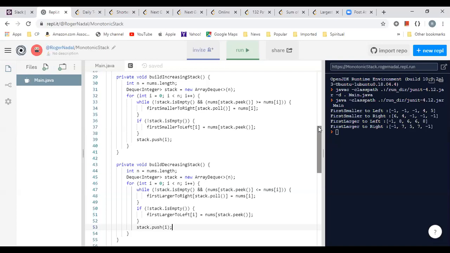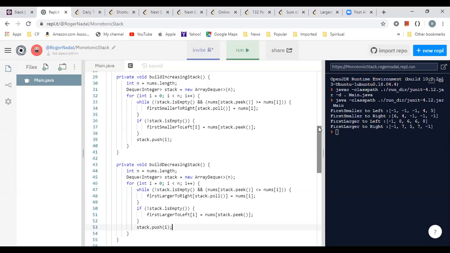Exactly, when you are traversing from the right side and building the increasing stack, you are essentially doing the same. I think you should be able to derive that. I haven't coded it, but please go through that, because it looks symmetrical, the way you talked about it.